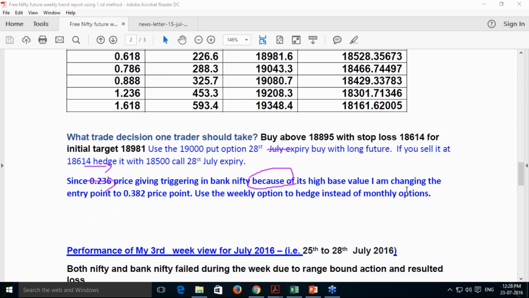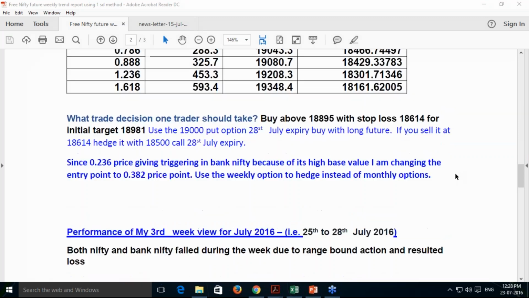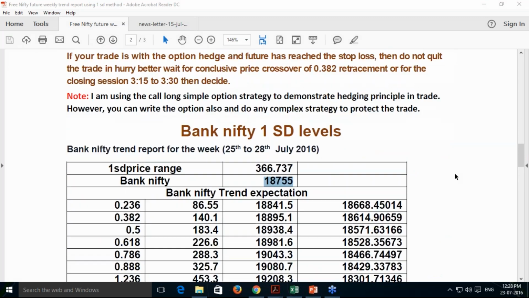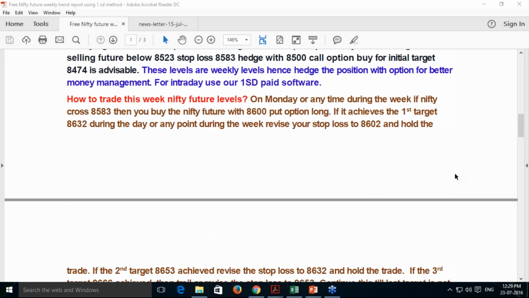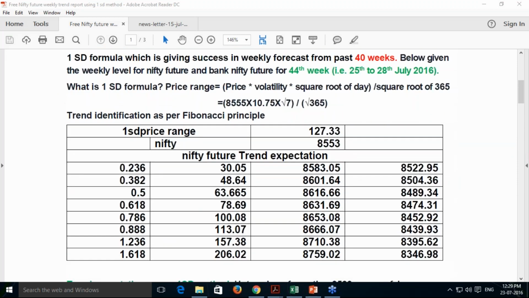And last week we got multiple stop loss triggerings. Last week's levels, whatever were given, hit the stop loss because we have GST which may or may not come, and many other domestic events which are keeping us in a very indecisive move.